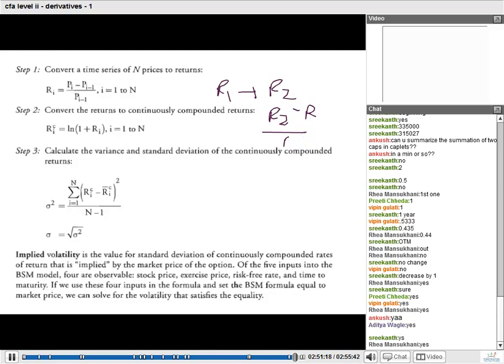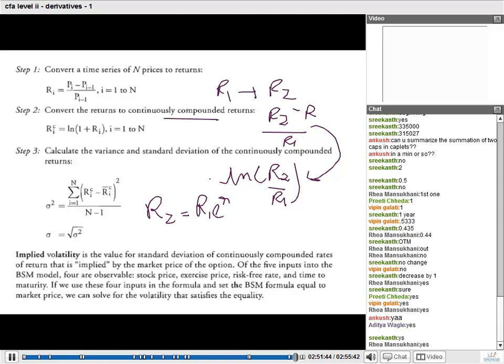For inputs to the Black-Scholes model, compute the returns as the natural log of R2 by R1, or compute the return as R2 is equal to R1 e raised to power R, assuming there is one period, such that R will come out to be equal to ln of R2 by R1. So we use continuously compounded returns first thing. Okay, use continuously compounded returns.